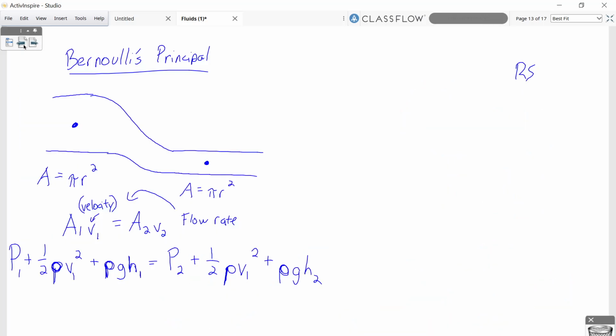So we figured out a couple of things. We figured out how much objects weigh when they're in water, and if it's floating, how much of it is not floating. And now we're going to figure out velocity and pressure. So these are the three formulas that you will need to know. Okay.